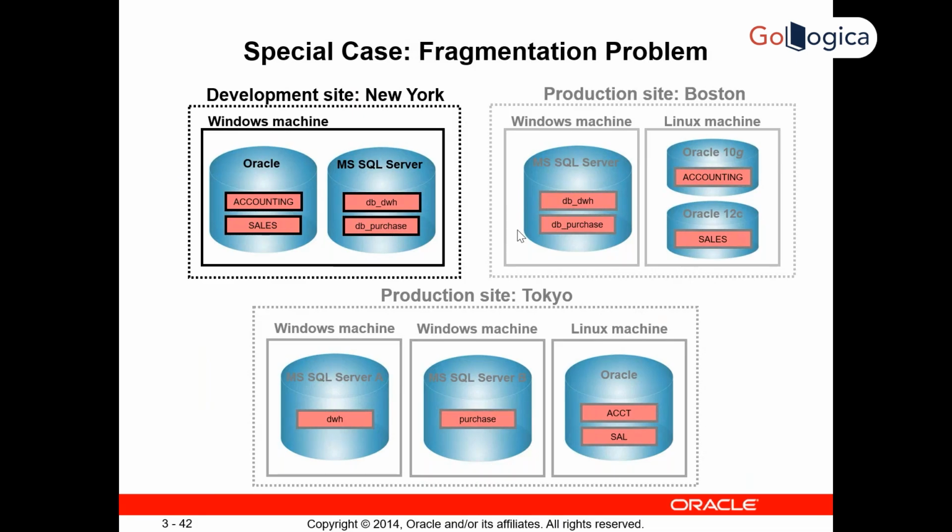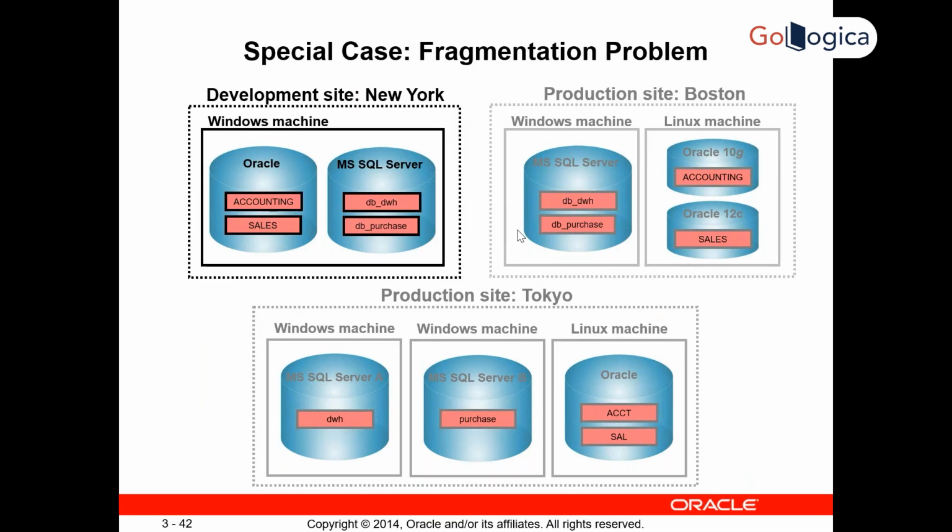Understood, I got it now. As per the production replication expectation, in development also we need to create the two data servers for Oracle technology. One is for accounting, another one is for sales, so two data servers I'm going to create.